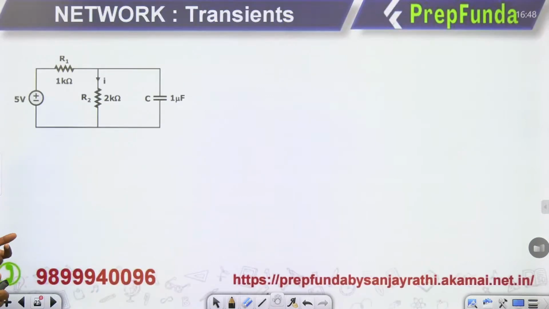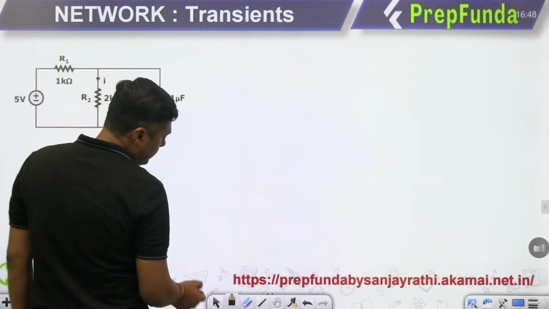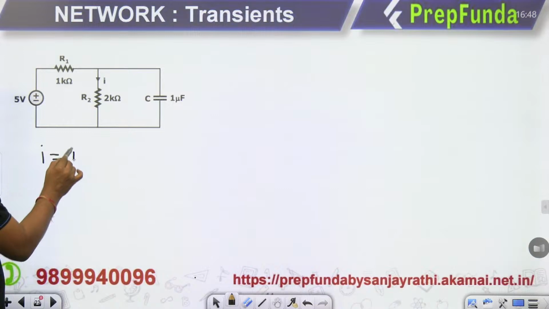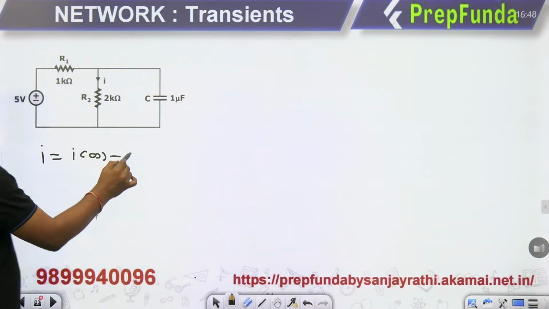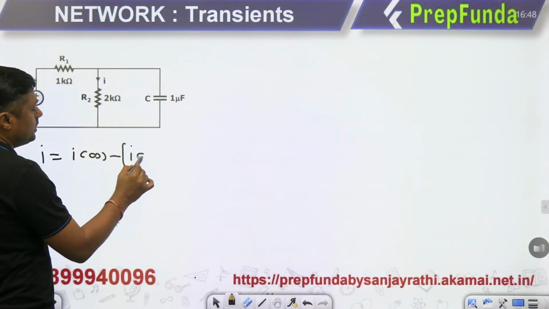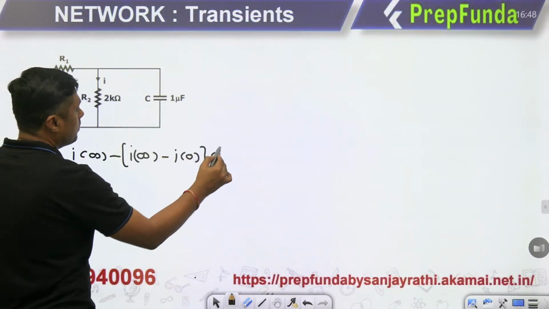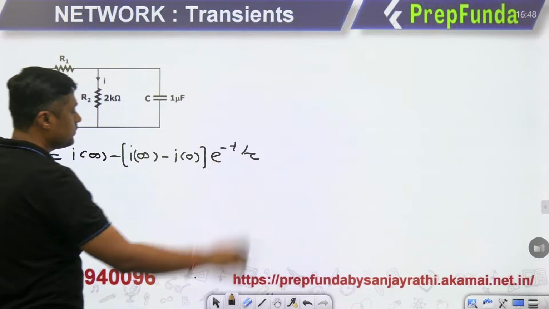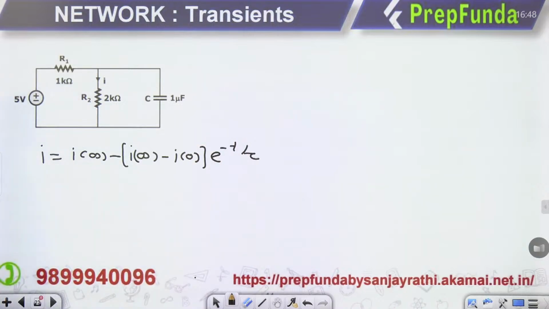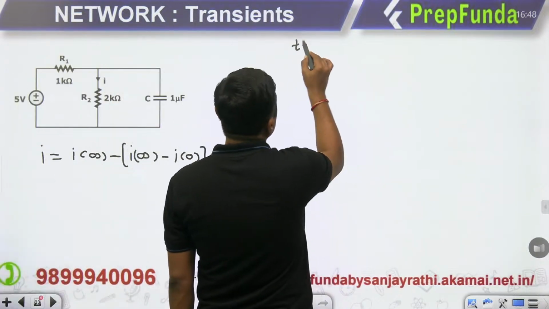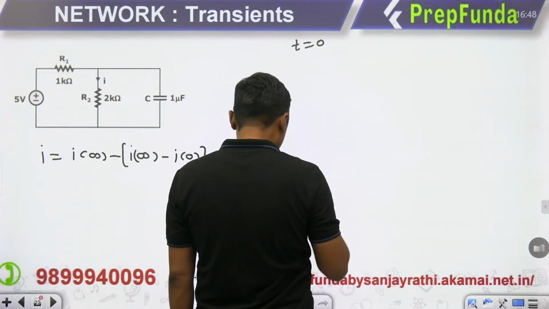हम लोग सॉल्व करेंगे इस क्वेश्चन को डायरेक्टली। देखो, इफ यू वांट टू फाइंड द I, तो यू कैन फाइंड बाय यूजिंग दिस फॉर्मूला। I is equal to I final minus (I final minus I initial) e raised to power minus t by tau. Now one by one we will find what is the initial current: 0. Why? Exactly at t equal to 0, what is the voltage across the capacitor? 0.